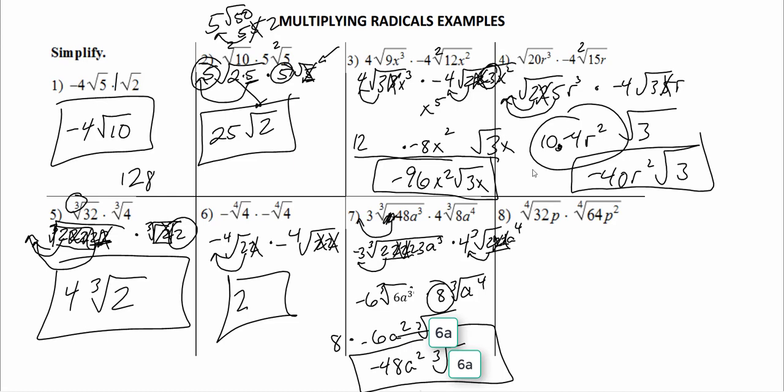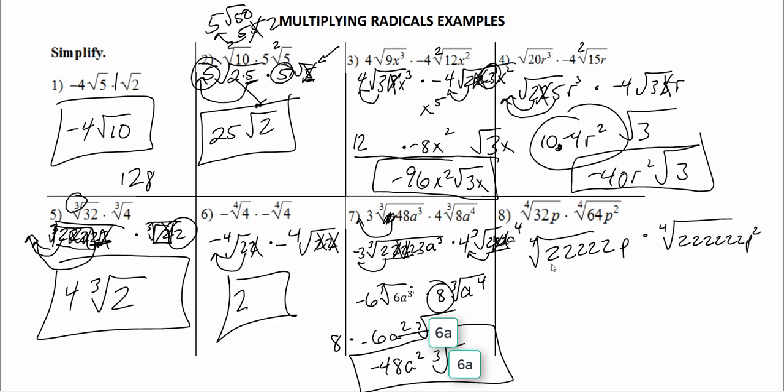Okay. Number 8 here. 32. We already said 32 from over here was 5 2s. So 1, 2, 3, 4, 5, and then with the P, times the fourth root of 64. Well, if 32 was 5 of them, that means 64 is going to be 6 of them, because it's multiplied by another 2. So 1, 2, 3, 4, 5, 6, P squared.